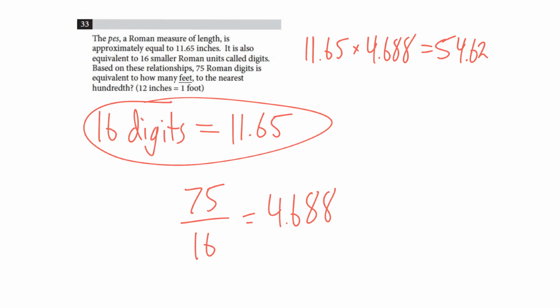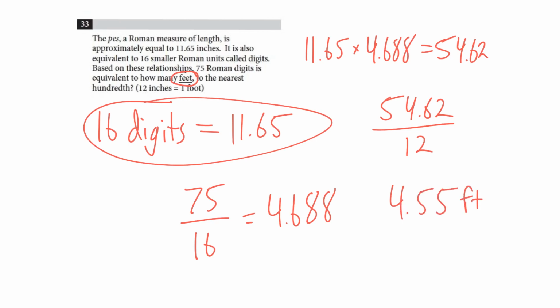All right, and we want to know how many feet that is. Well, that's inches, so we need to divide our inches by 12, and we will see that we get approximately, rounded to the nearest hundredth, 4.55 feet.